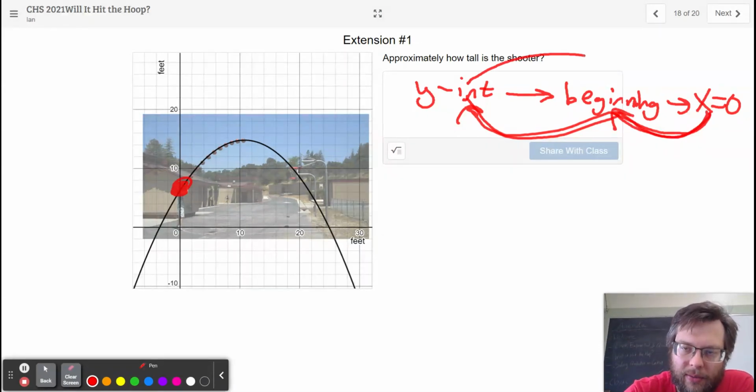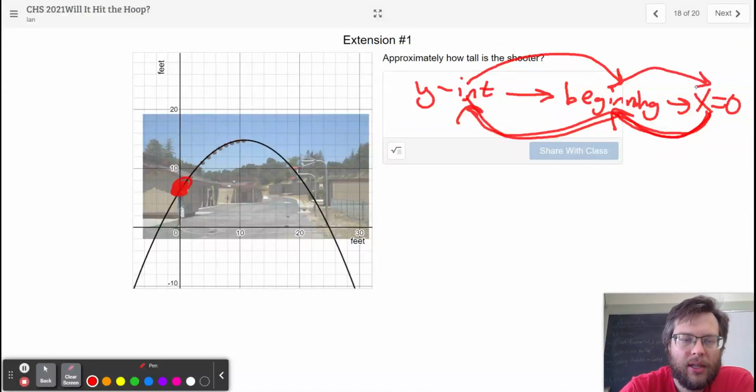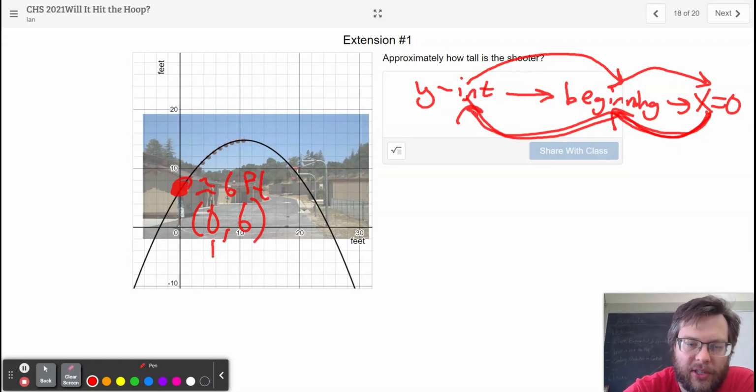When you hear y-intercept, you think of the beginning, you think of x equals 0. And so when I look at this, it looks like the shooter is about 6 feet tall. And that's a point on the graph that is (0, 6). So you notice how the x value is 0 and how the y value is the y-intercept.